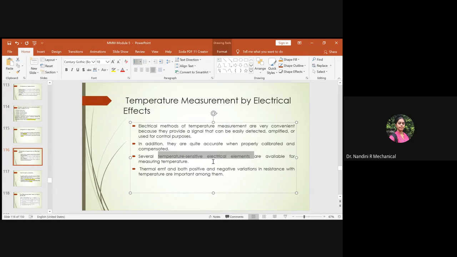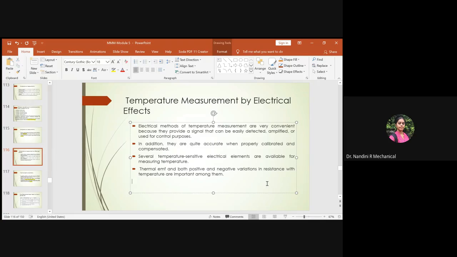Based on the application for which you need to measure, you can select the electrical elements. Also, temperature associated electrical elements are available, so it depends upon the temperature up to which you want to measure. Based on that also you can select the available sensitive electrical elements.